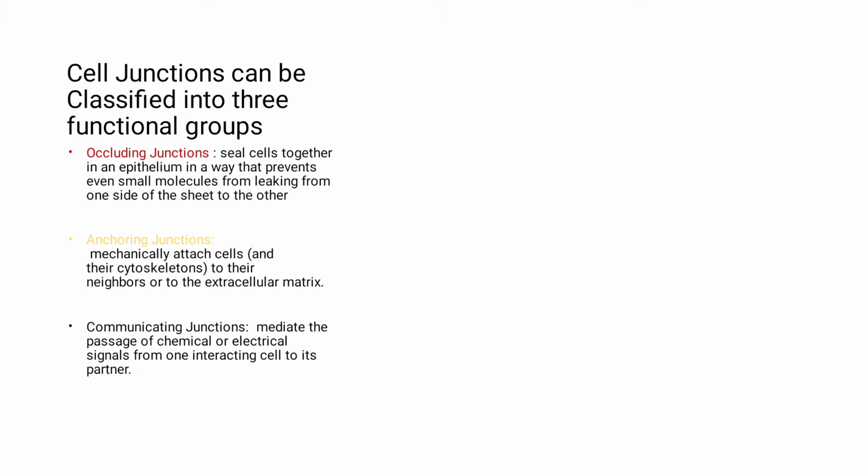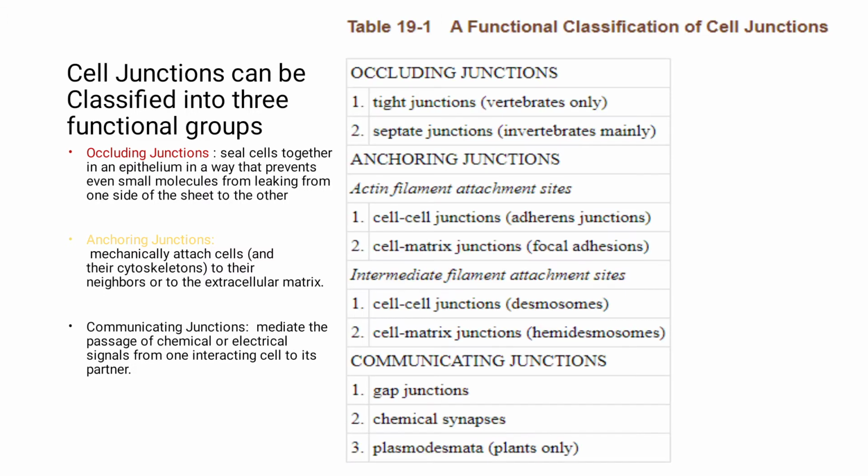Next, the anchoring junctions, which function to attach cells mechanically to their neighbors or to the extracellular matrix. And lastly, the communicating junctions, which function to mediate the passage of chemical or electrical signals from one interacting cell to its partner.